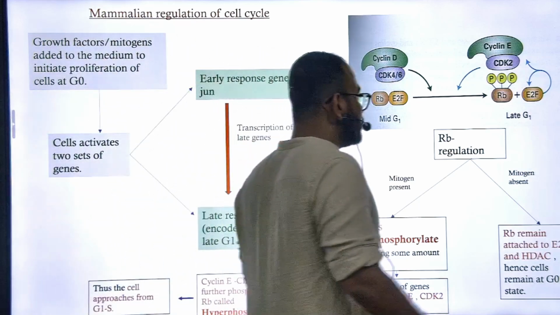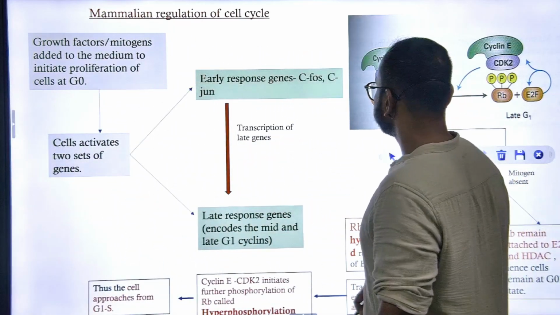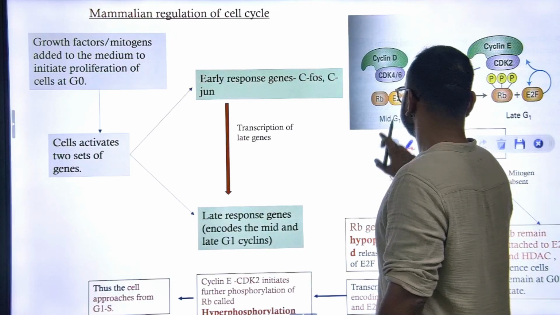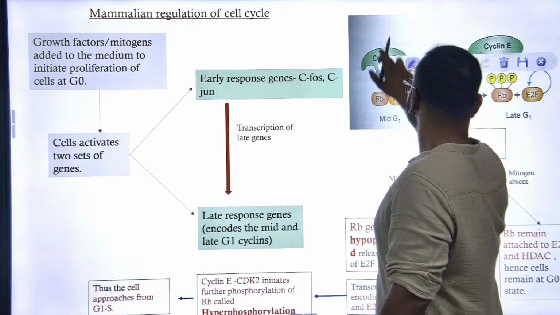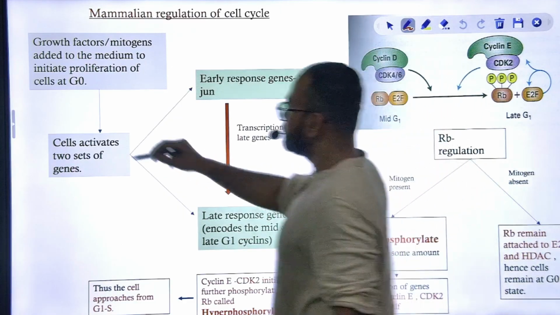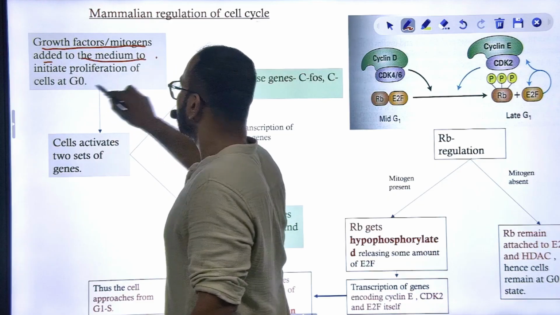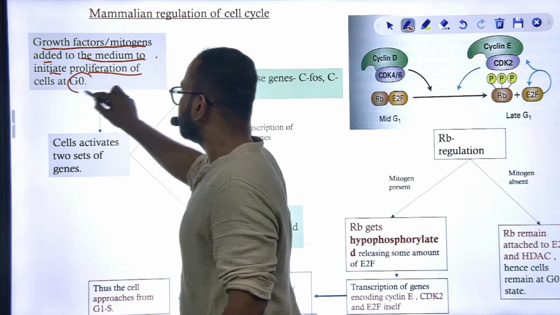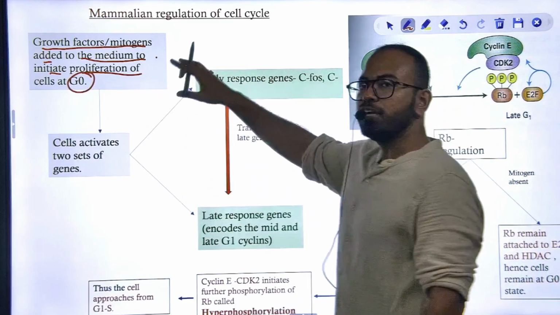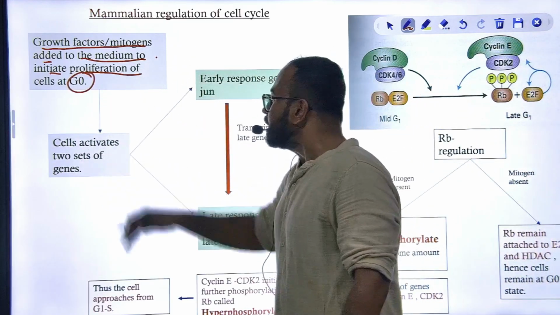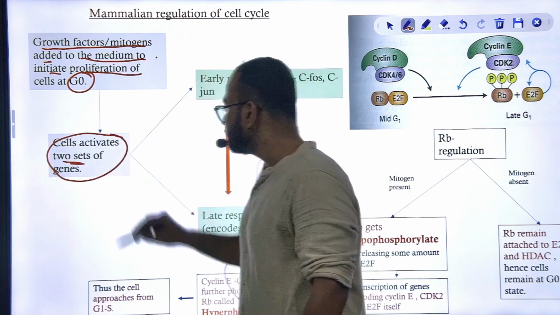Growth factors or mitogen are added to the medium to initiate proliferation at G0. So when this kind of phenomenon occurs, immediately what will happen? The cell will activate two sets of genes.